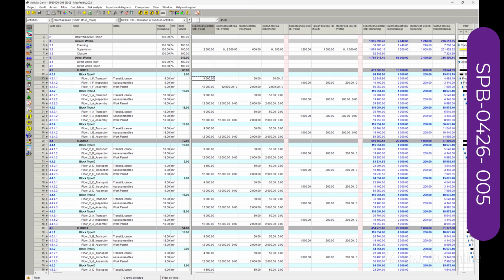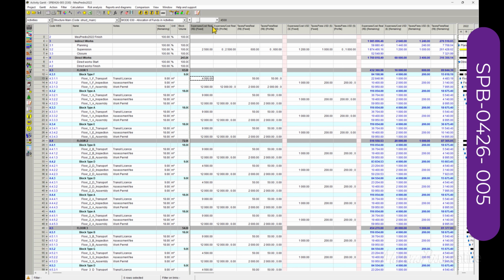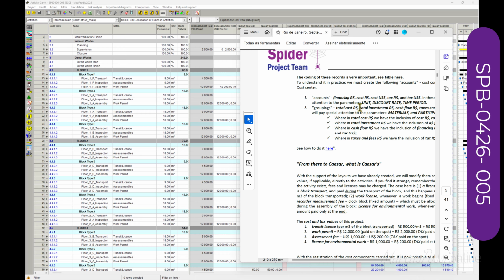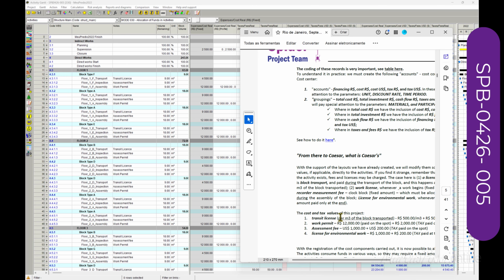There is a license to work. Where is it? Expense cost is for volume. Let's check it here. Okay, I got it. Accounts, financial, okay, a license, transit license per cubic meter.